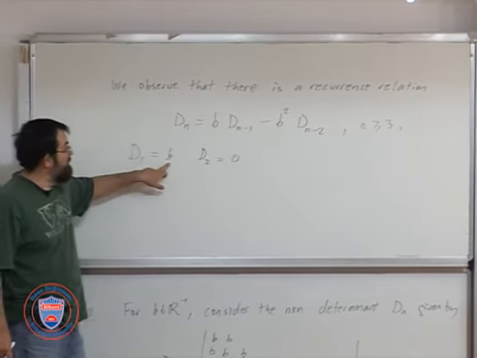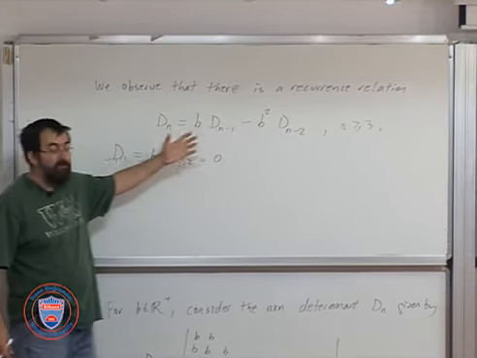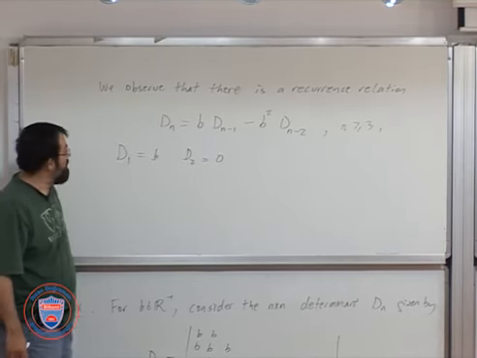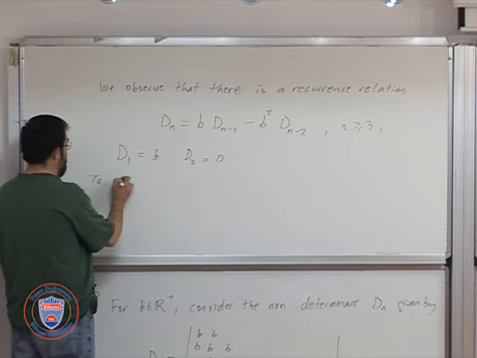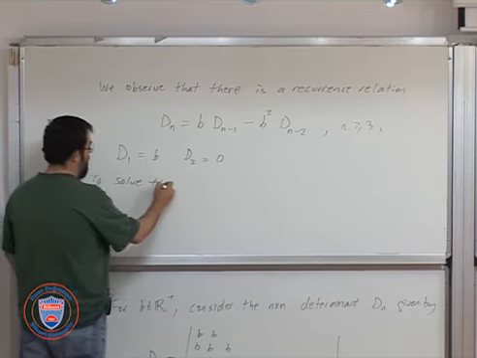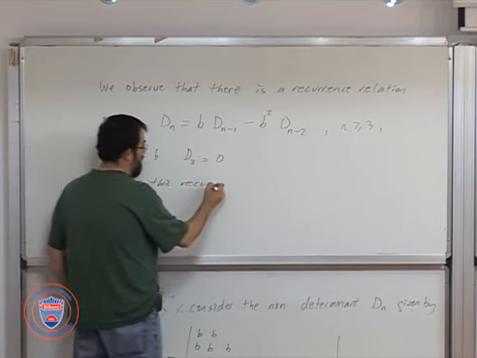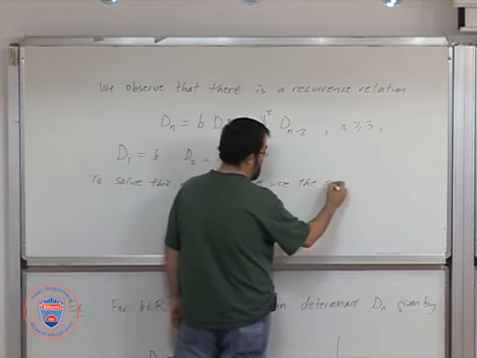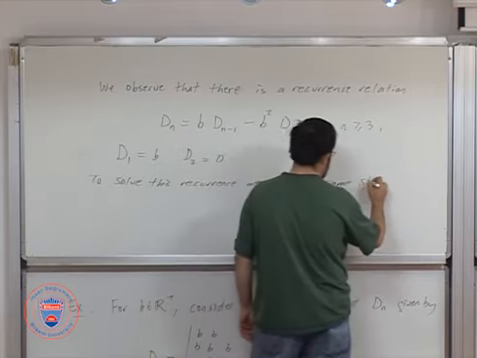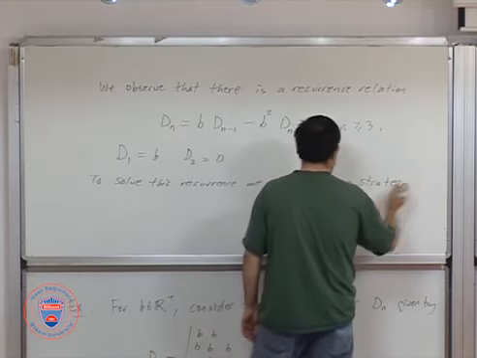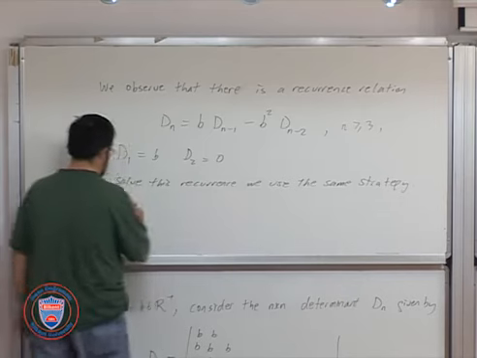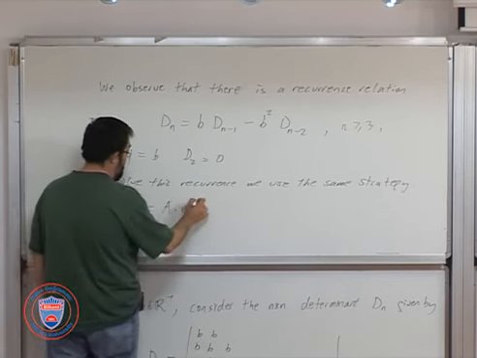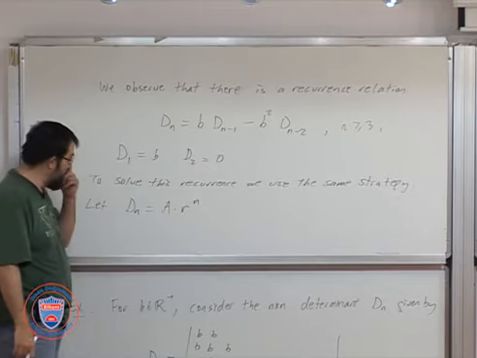The b should not discourage you. b is just some variable. So this is the same kind of problem that we have been solving. To solve this recurrence, we use the same strategy, where we just set up dn equal to a times some r to the n, and then try to solve it for r.